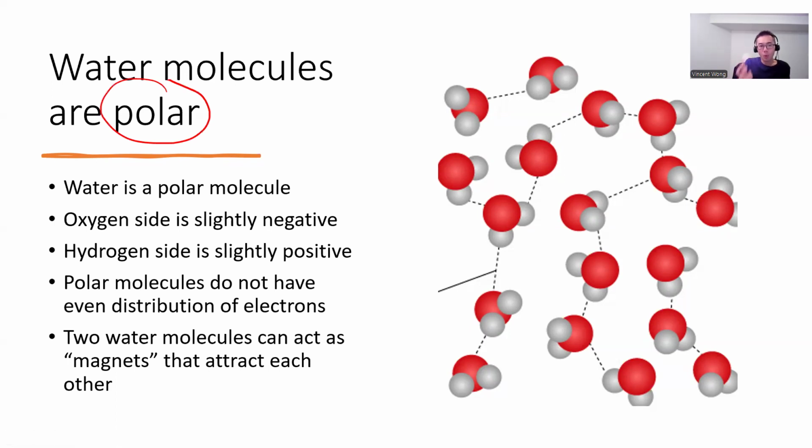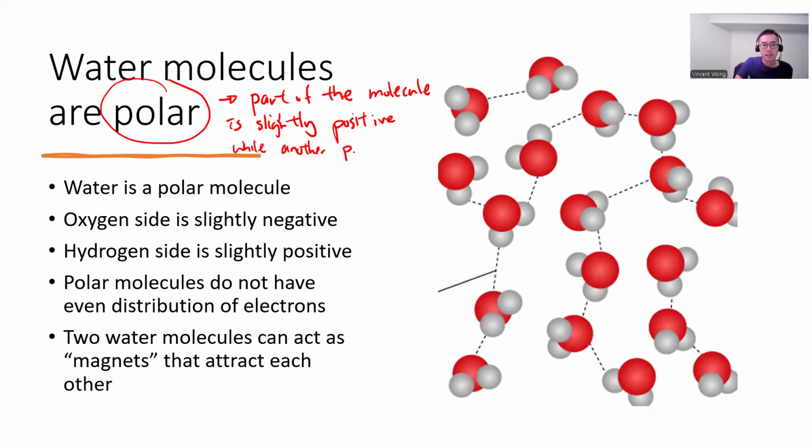Polar means part of the molecule is slightly positive, while another part is slightly negative.